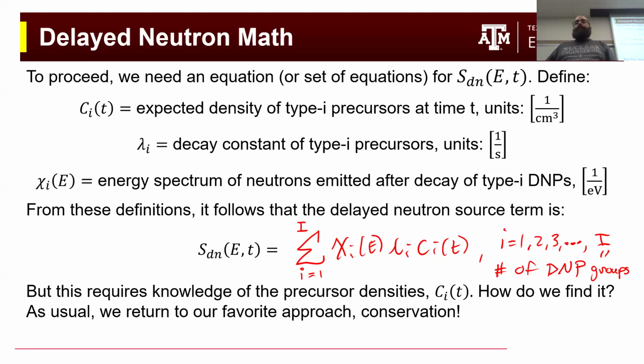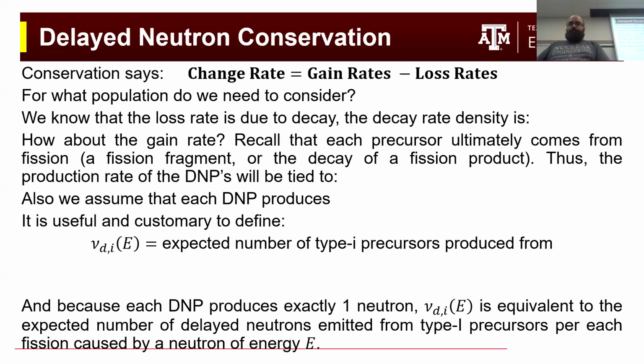And if we want to figure out what those precursor densities are, we have our tried and true approach, which is to do conservation. When we talk about conservation, we're saying some statement of change rate equals gain rates minus loss rates. And in this case, this is a balance of our type I delayed neutron precursors. So that's the population that we're trying to keep track of.